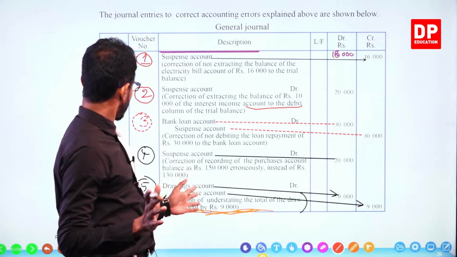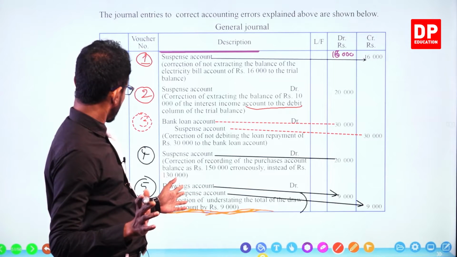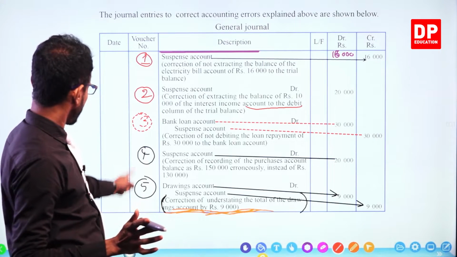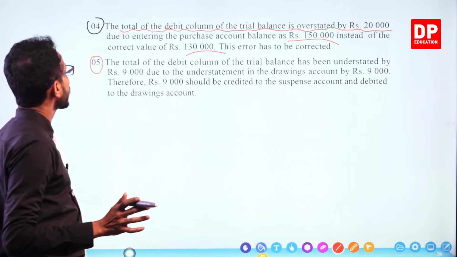See how 5 errors were solved, 1, 2, 3, 4, 5, yeah, it's 5.